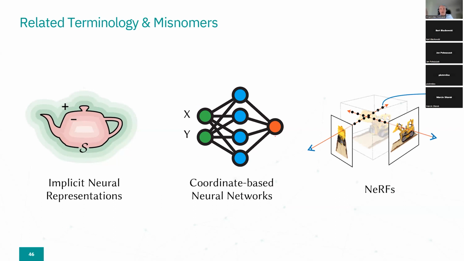Actually, this is not correct, but people call it like that because NeRF is a very specific neural field used for, and that's what I want to talk about next, rendering and inverse rendering. But I would say in a general context, often people just say NeRFs for those implicit representations.